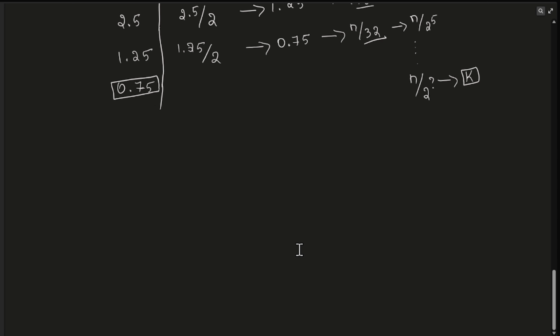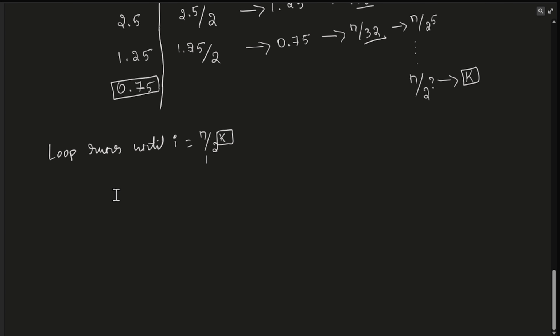Let me just write that down. Loop runs until I equals n by 2 raised to k. To find this k, we need to check when our loop is stopping.